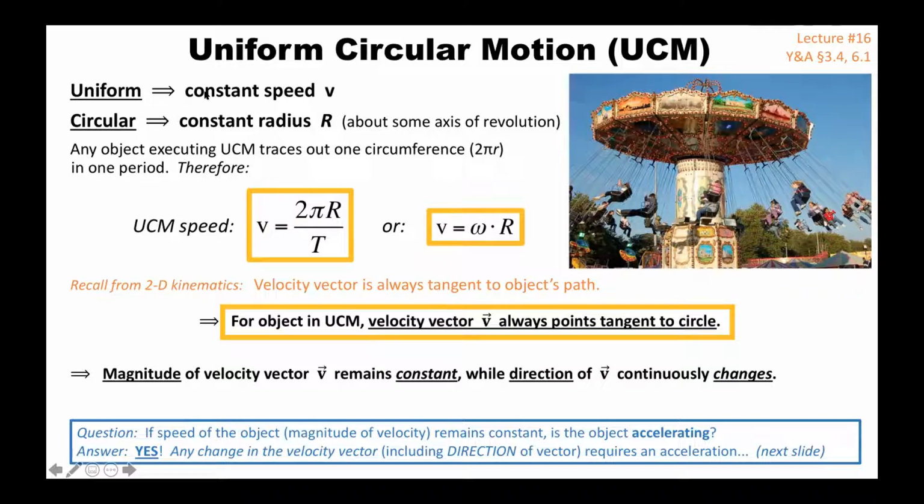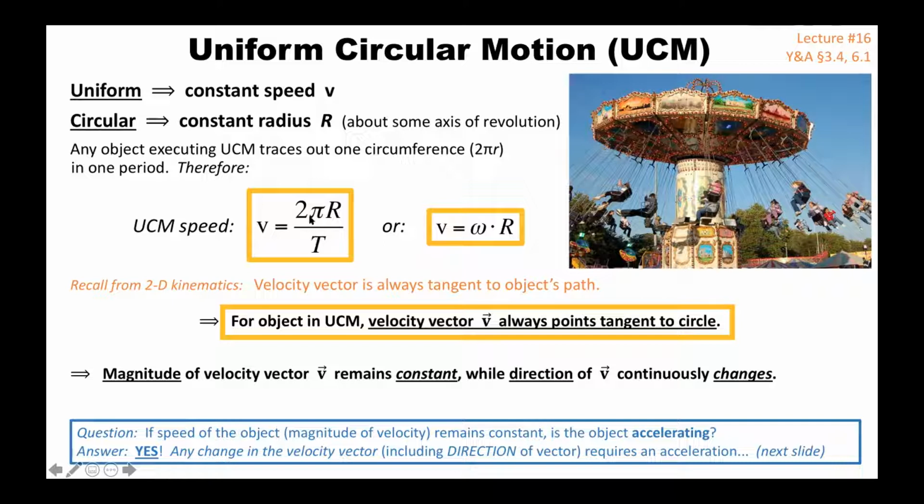And the uniform part here means that the speed with which the object traces out the path through space is going to be constant. Well, remember the definition of speed? The definition of speed was distance traveled along the path length divided by the time it takes to travel that distance.